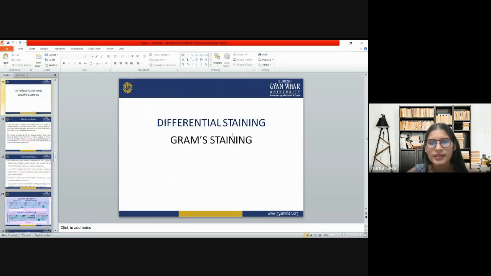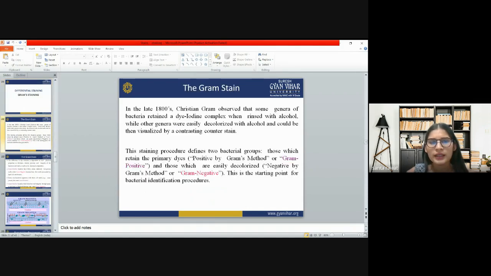Now, differential staining, Gram staining. In the late 19th century, Christian Gram observed that some genera of bacteria retained a crystal violet iodine complex when rinsed with alcohol, while other genera were easily decolorized with alcohol and could then be visualized by a contrasting counterstain.